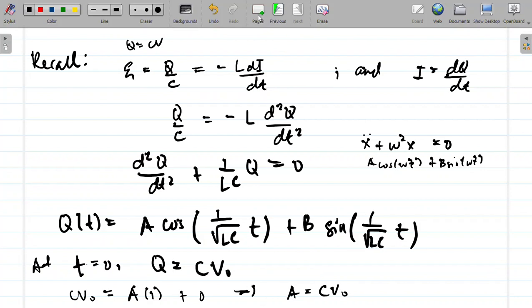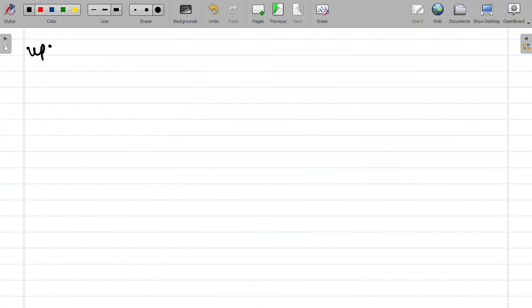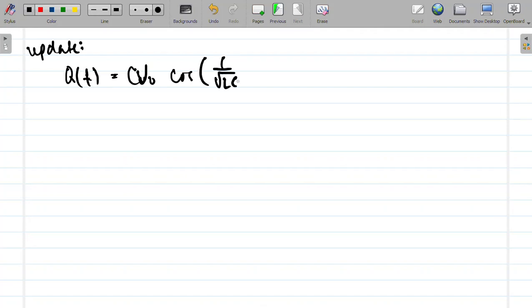Let's update our solution: Q of t equals CV naught times cos of t over square root of LC plus B sin of t over square root of LC.